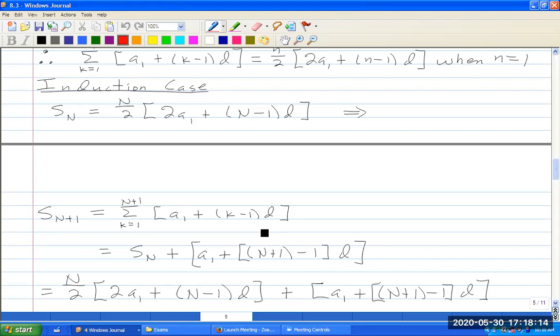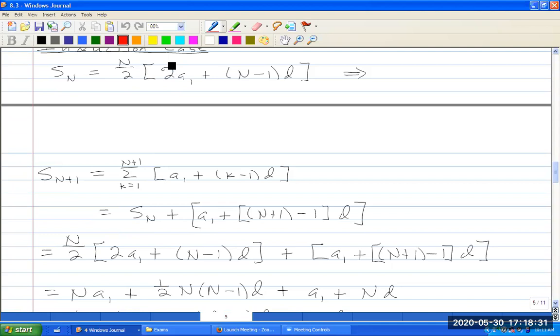Well, it's going to be the sum of the first n of those terms, S sub n, plus the last term, a sub 1 plus, replacing k here by n plus 1, minus 1 times d. By the induction hypothesis, S sub n is just n over 2 times the quantity 2a sub 1 plus n minus 1 times d, plus this last term.